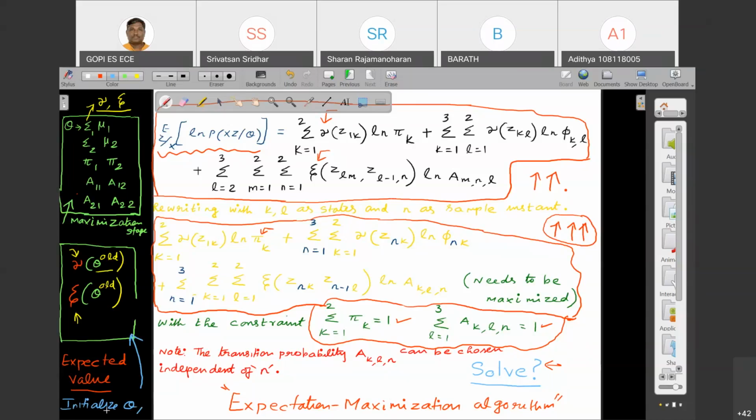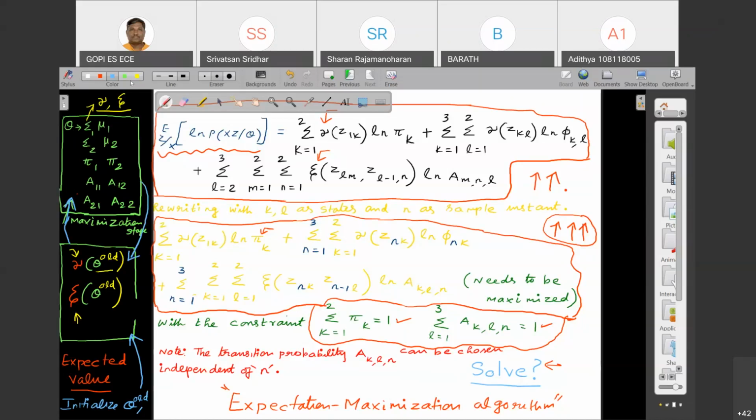Using this, you get the values of zeta 1, mu 1, and so on, which we call the maximization stage. Now you get a new, updated value of theta. Using that updated value of theta, you again estimate gamma and zeta. This is in the loop.